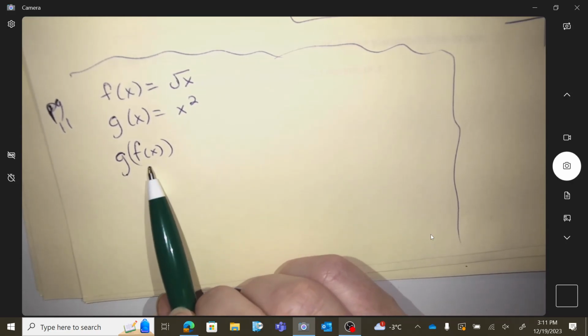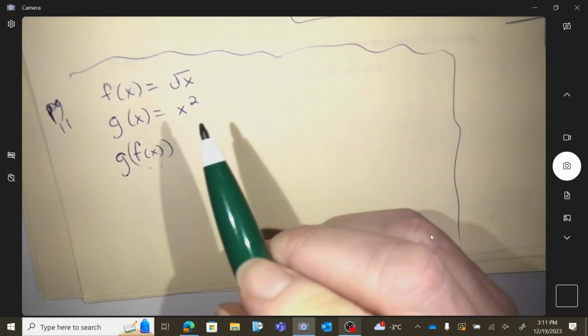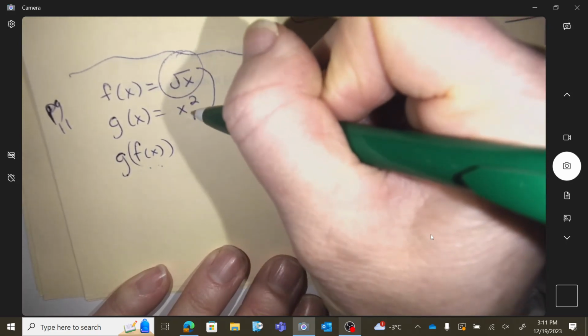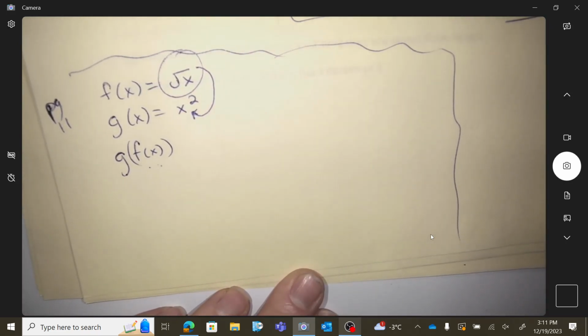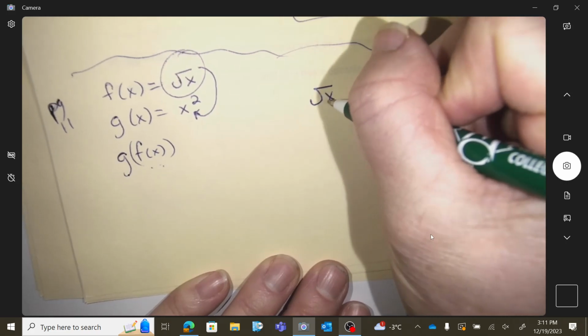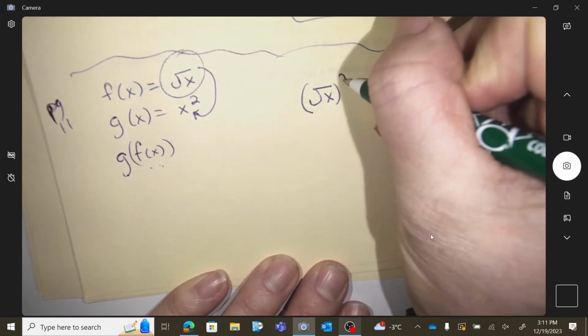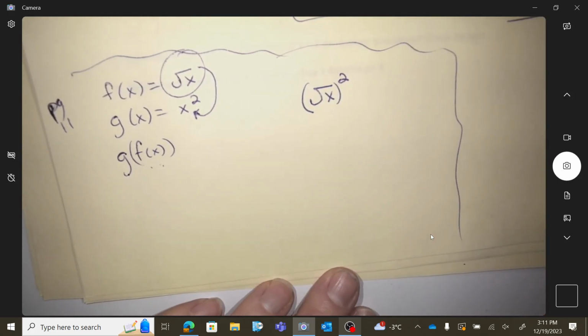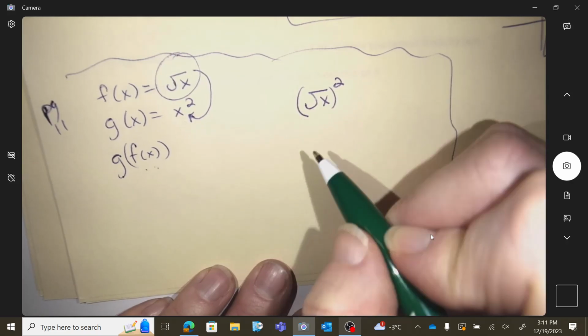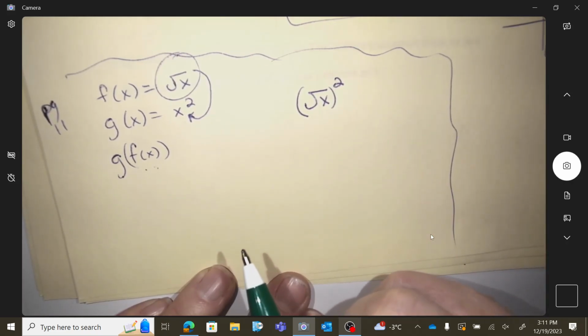The g of f of x. So what does it mean? Put this into that, right? Put this into that. So it would be this input squared. And then, what would happen with a square and square root?